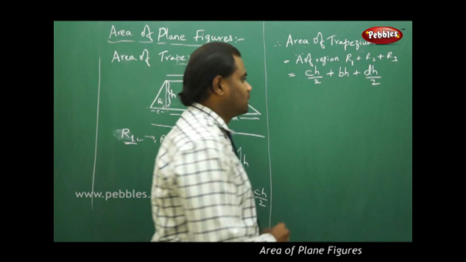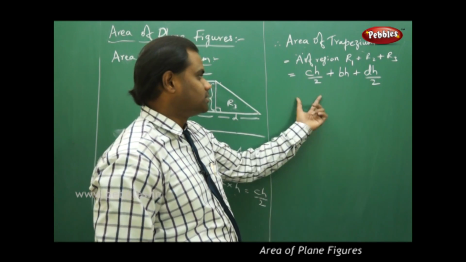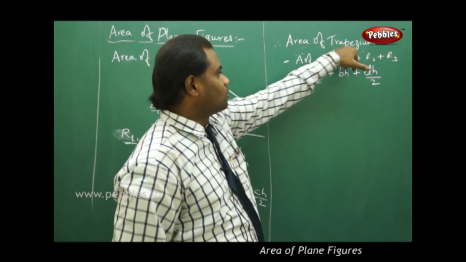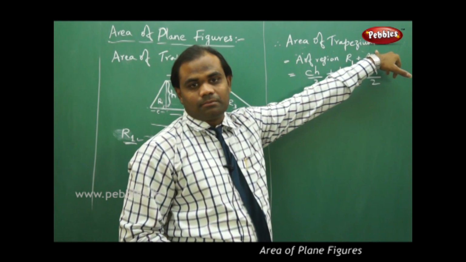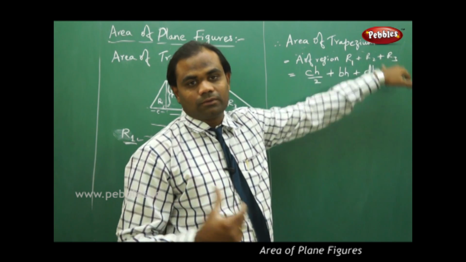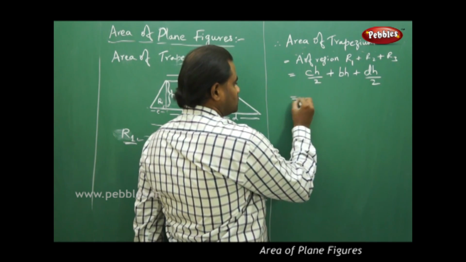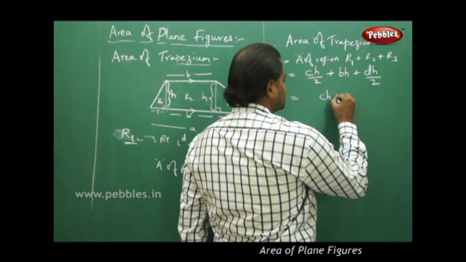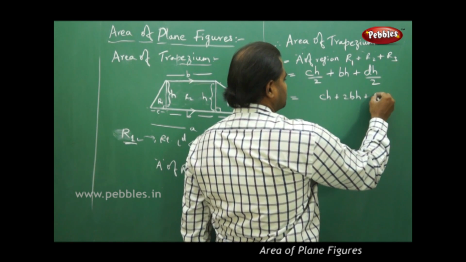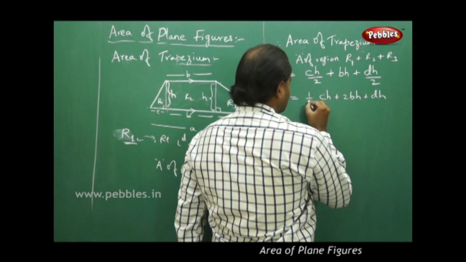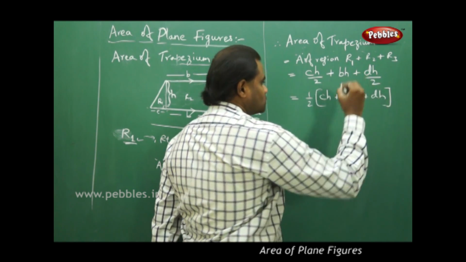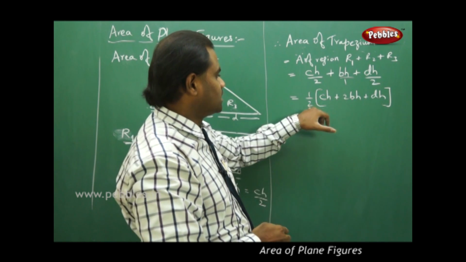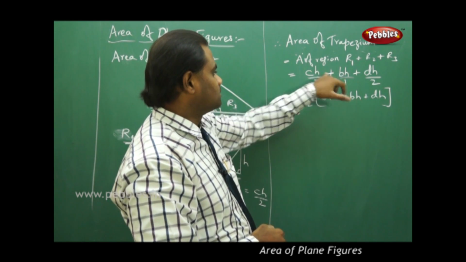This is the area calculated for each of the regions, and adding up all three areas forms the area of the entire trapezium, which is required. So let's take the LCM. Then I get CH plus 2BH plus DH, all over 2. The LCM gives me 2, and the numerators become CH plus 2BH plus DH.